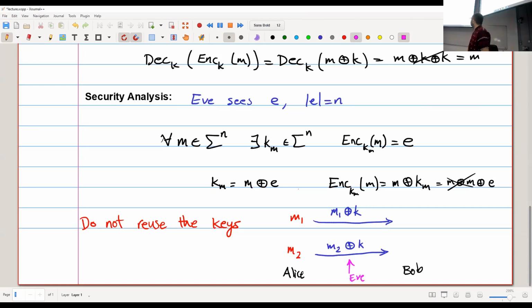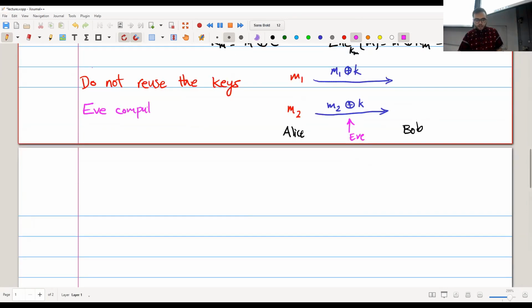So as Eve, I can just take these two numbers that I saw, or take these two strings that I saw. Anyway, in this course, I always say numbers, strings, these are all the same. They're sequences of zeros and ones. So I can take these two strings that I saw, and I can just XOR them. So Eve can compute the XOR of these two things. Let's give them a name.